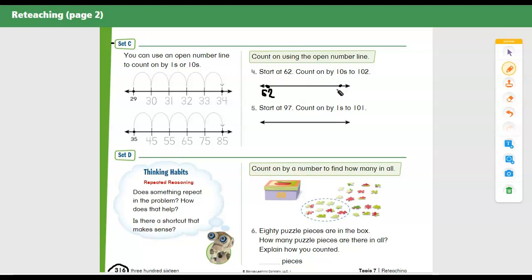You can put your ending dot here and write 102. Now, you can show jumping to count on by tens to get from 62 to 102. Remember that you can use your number chart. You are counting on by tens from 62 to 102.